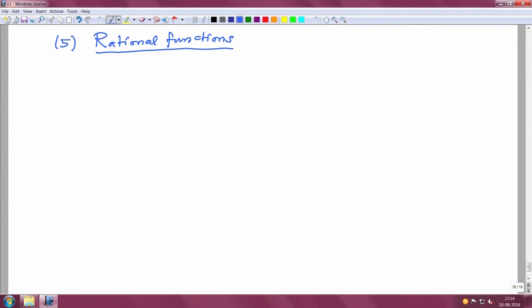So, the first one is I just want to define. Rational functions are like rational numbers, that is why the name rationals, and still one should not call them functions, one should actually call them rational polynomials. But in the literature they are referred to as rational functions. So, I will keep using that, but I will warn you when some things are necessary.